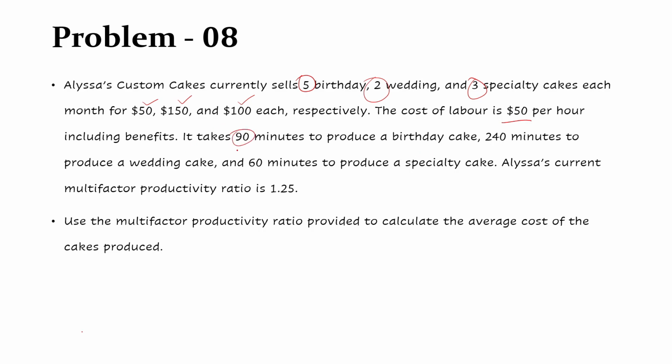It takes 90 minutes to produce a birthday cake, 240 minutes to produce a wedding cake, and 60 minutes to produce a specialty cake. Alisa's current multi-factor productivity is given as 1.25. You are required to use this multi-factor productivity ratio and calculate the average cost of the cakes produced.